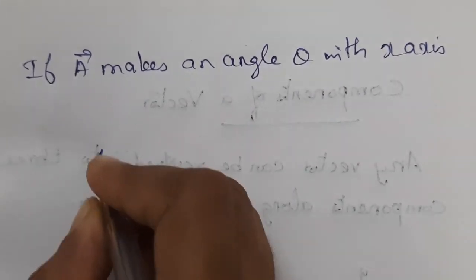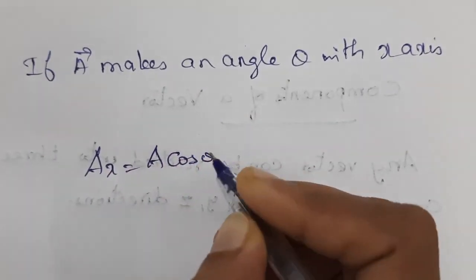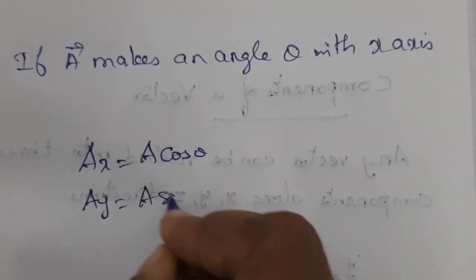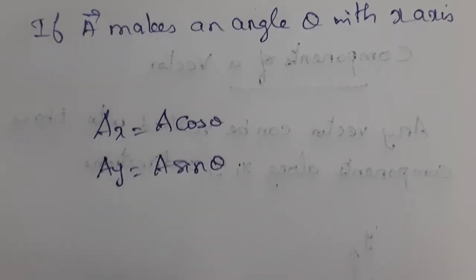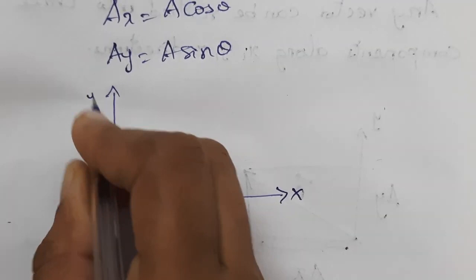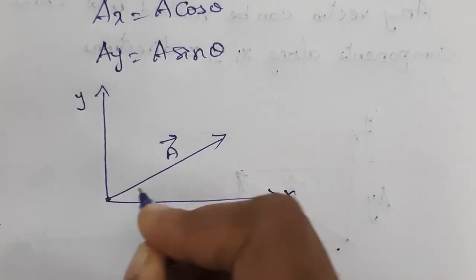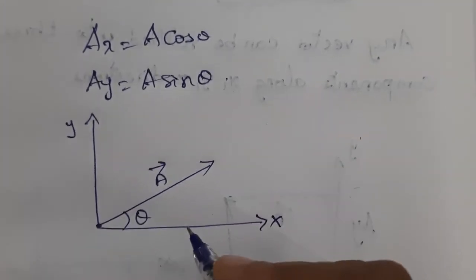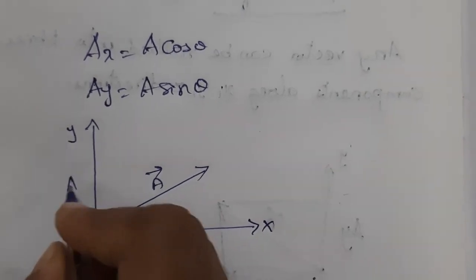We can write ax equal to a cos theta, ay equal to a sin theta. This is the x-axis and this is the y-axis. So this is the A vector which makes an angle theta with the x-axis. We know that this is the ax component, this is the ay component.